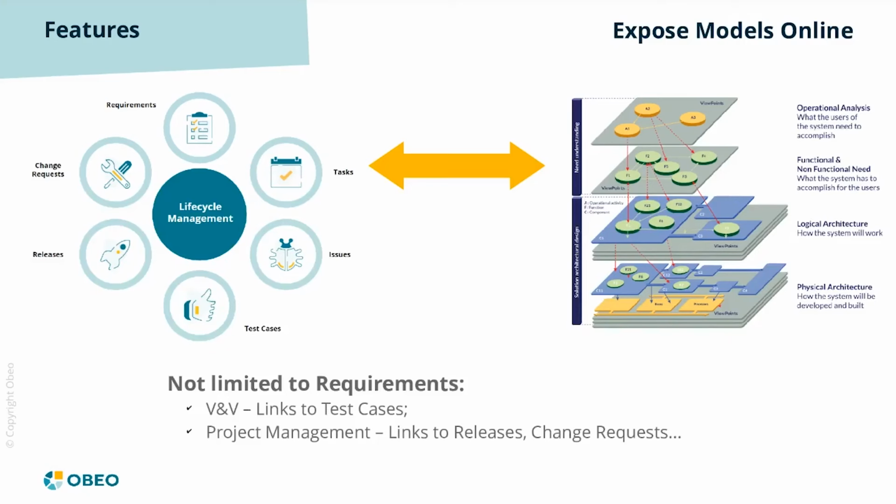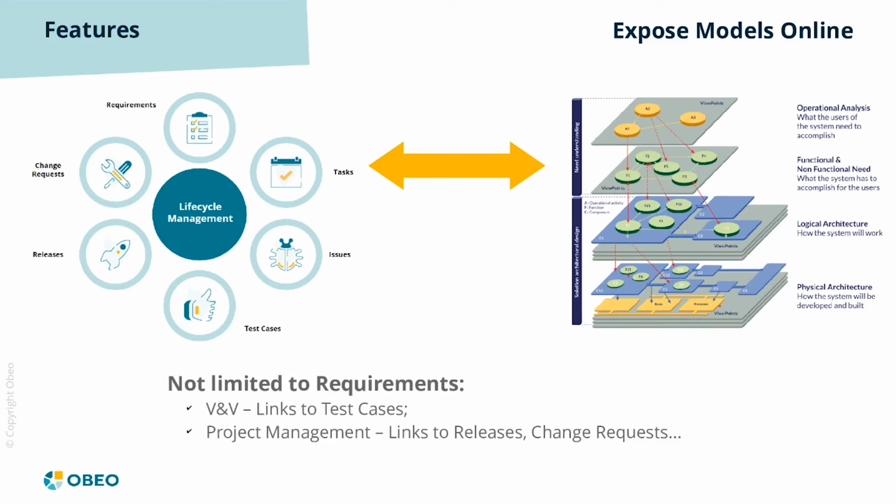So this also works with all kinds of third-party artifacts, and Polarion or a Jazz team server have the possibility to manage not only requirements, but also test cases or other VNV concepts, or change management concepts like issues, tasks, and change requests. And all these can be traced to model elements just the same way by plain drag and drop.